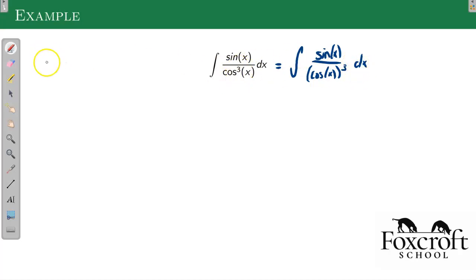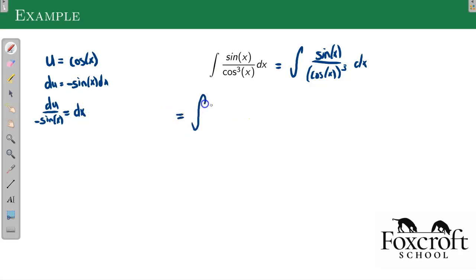So it might be more obvious now to make u equal to cosine of x. du is negative sine of x dx, and du over negative sine of x is dx.